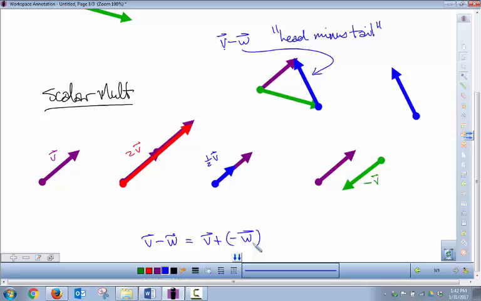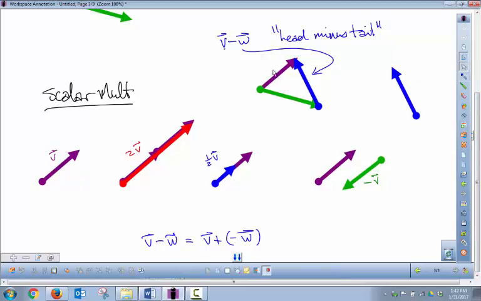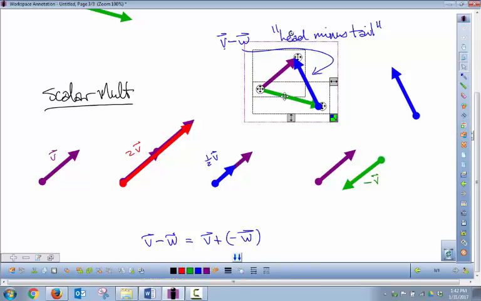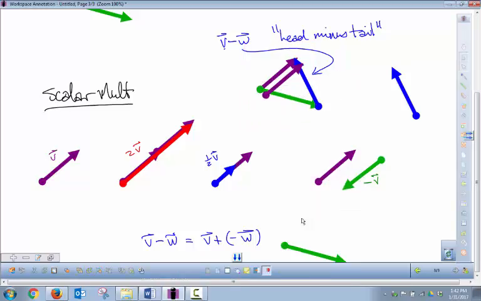But subtraction is really adding the opposite. So we can think about that in vector terms as well. So the v minus w problem that we were looking at is here.